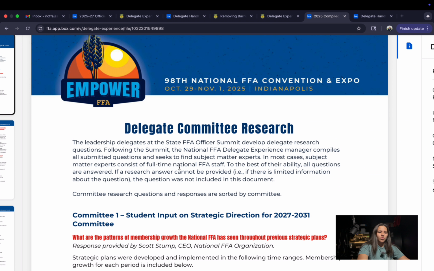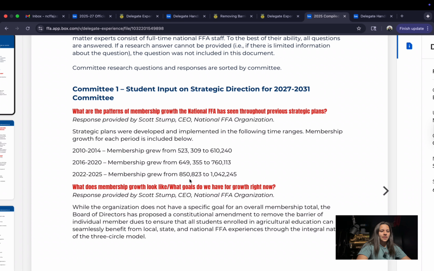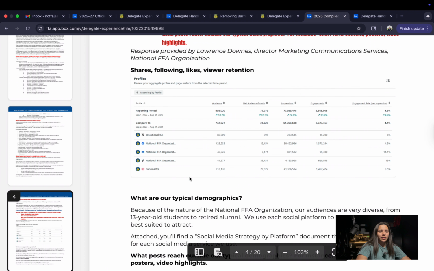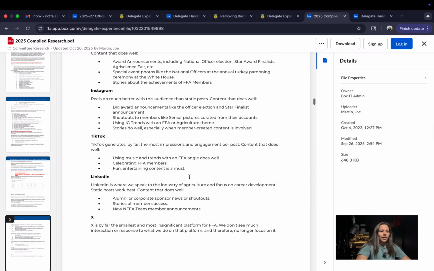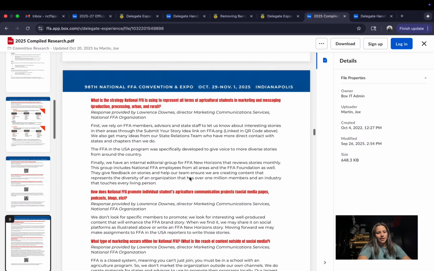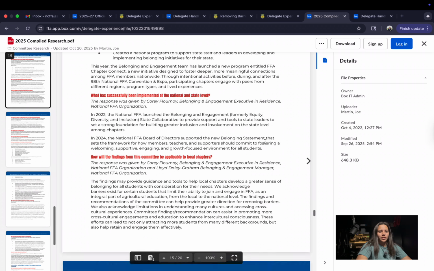We created these questions that are in red, and then they gave us a response between July and now, so we can be prepared. The first committee is student input on the strategic plan. These committees change every year, so that's something cool to look forward to. And on my Instagram, I'm going to be posting all this information in a pretty general, simple format of what the committees are.